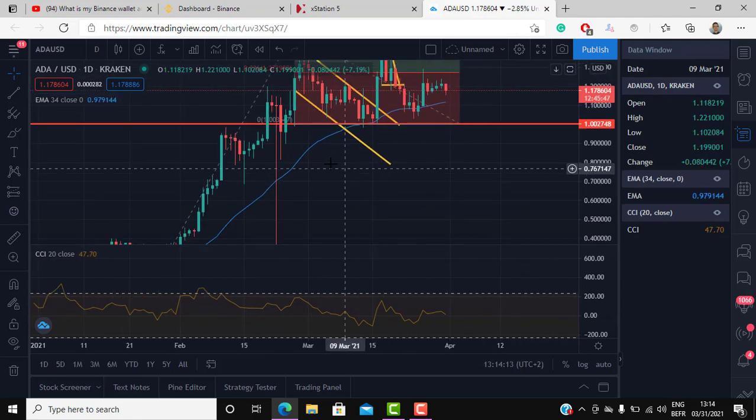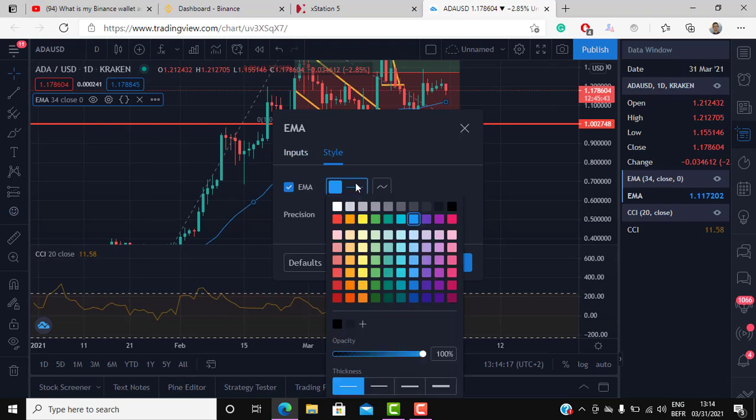So right now we are trading above. I'm going to make it a little bit clearer here. We're trading above this level here of this EMA.